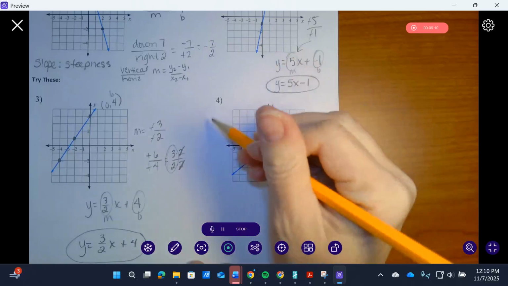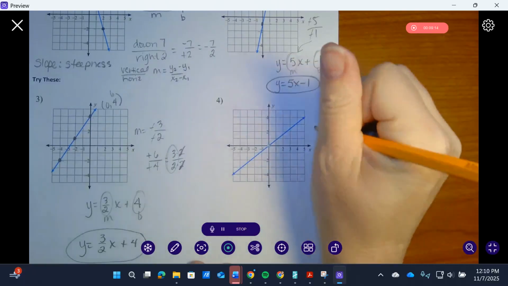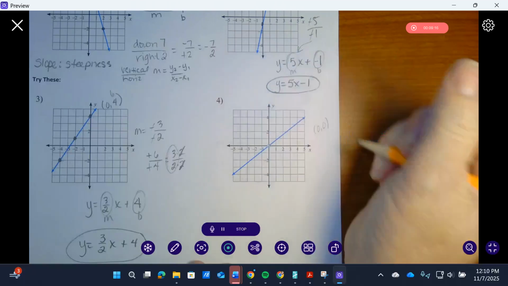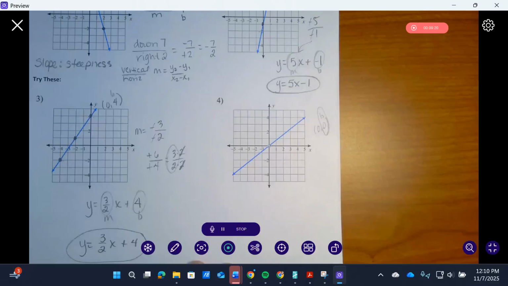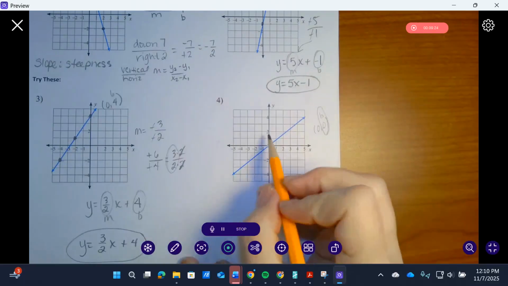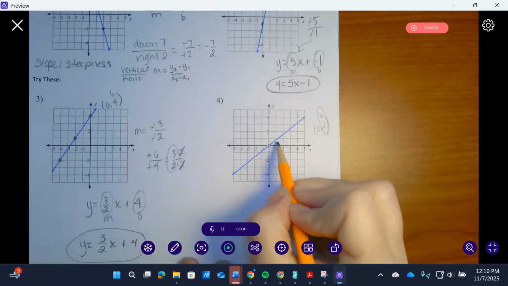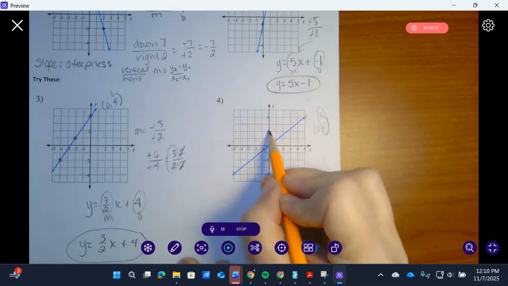Okay, so here's another one here. Now in this case, I have a y-intercept of (0, 0). So again, my b is just that y value here of that y-intercept. And my slope looks to be, let me pick this, looks like a good point to pick, up 1, 2, 3, 4.